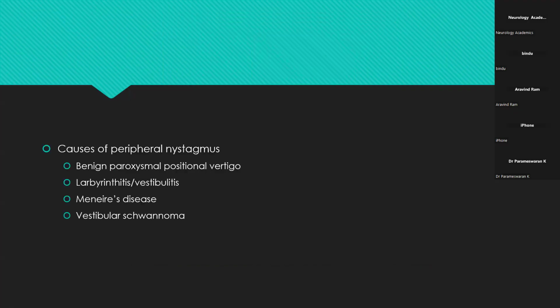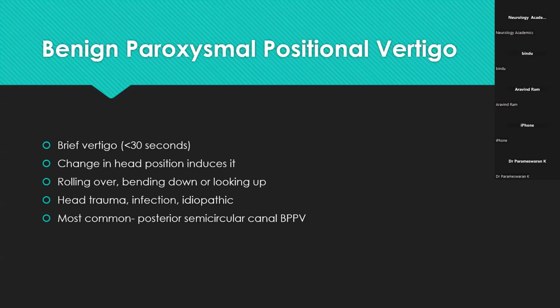Some causes of the peripheral vestibular nystagmus are benign paroxysmal positional vertigo, labyrinthitis or vestibulitis, Meniere's disease, and vestibular schwannoma. The most common condition is BPPV, that is benign paroxysmal positional vertigo.